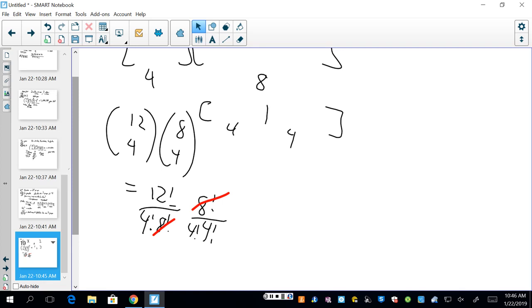You can check it by algebra, or you can check it with a logical story. You pick the first 4, then you pick the next 4, and you're done. So we would want it to be the same number, and this is the algebra or numerical example to show it.